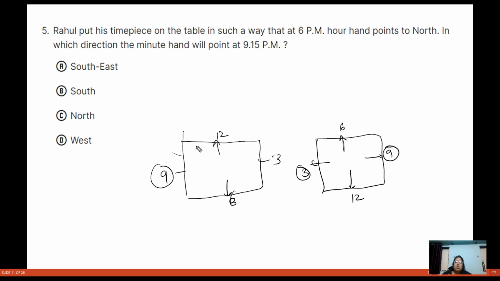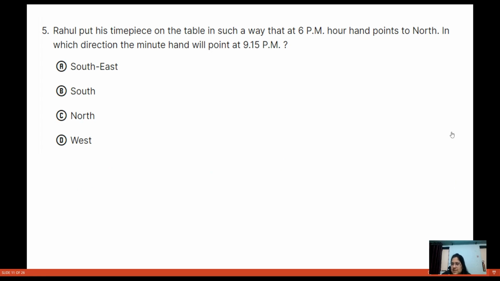In the normal case, 6 p.m. is facing this side, and at 9:15 this is the minute hand. If the clock is rotated, this minute hand becomes west. So this is how we do these kinds of questions.